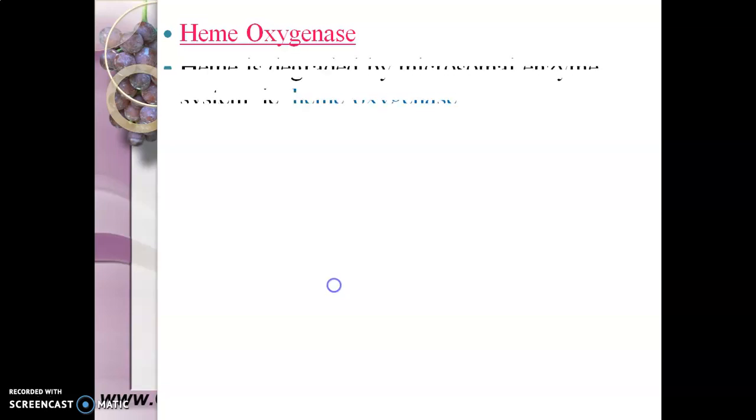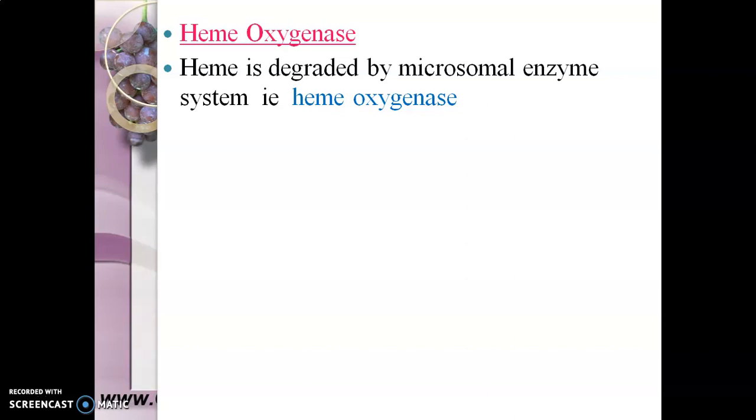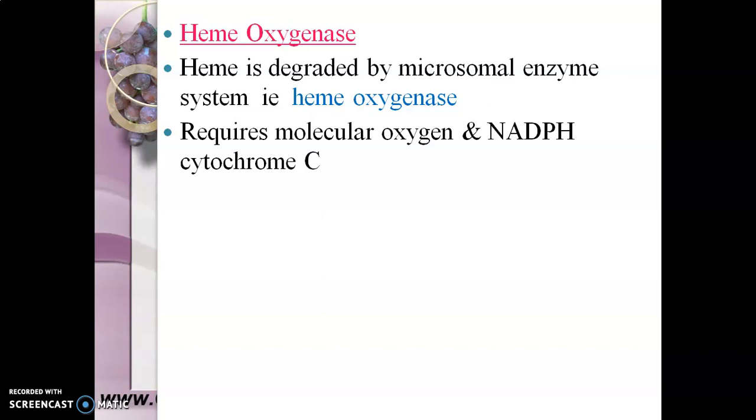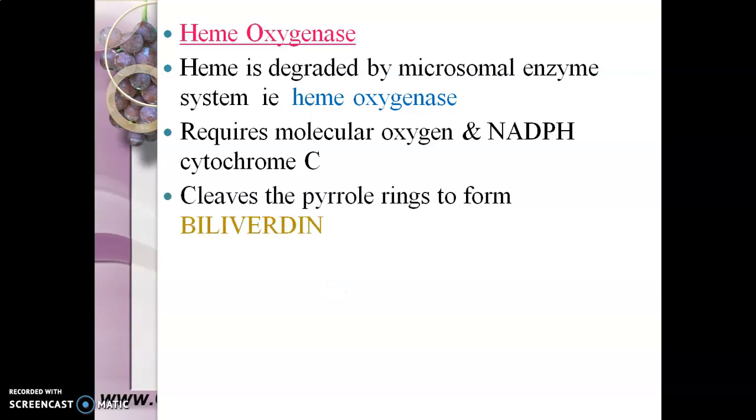Let us know the details of the heme oxygenase enzyme. Heme is degraded by the microsomal enzyme system, heme oxygenase, which requires 3 things: molecular oxygen, NADPH and cytochrome C. This enzyme cleaves the pyrrole ring to form biliverdin, which is a linear chain of pyrrole rings, and meanwhile it oxidizes the ferrous iron to the ferric form and releases it.